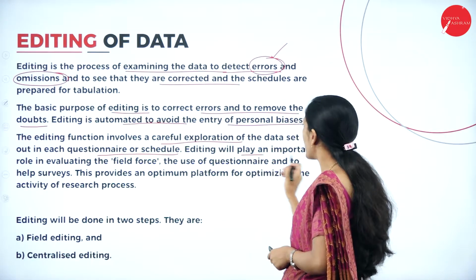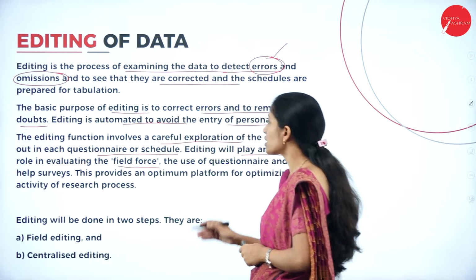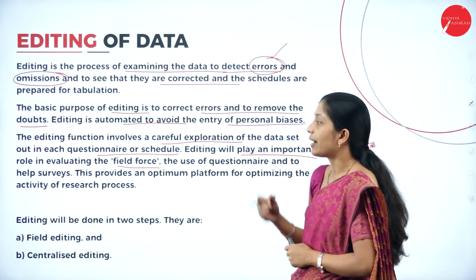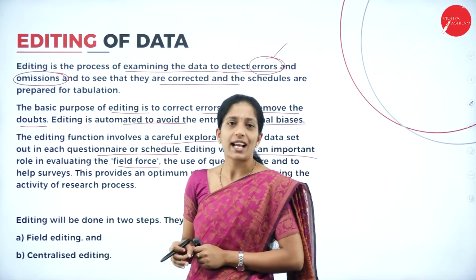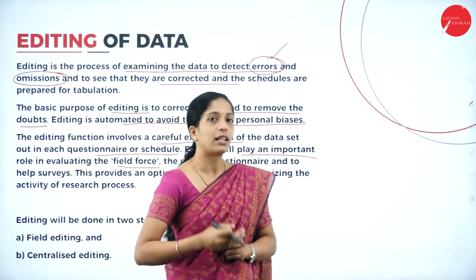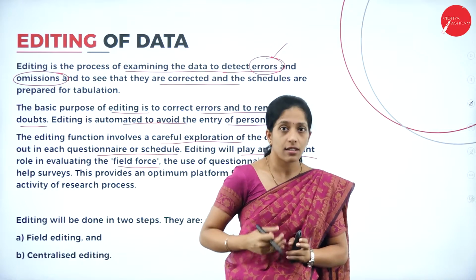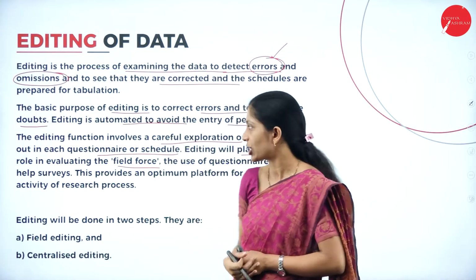So editing will play an important role in evaluating the field force, the use of the questionnaire and helping surveys. Suppose we don't get sufficient information through the questionnaire method, then we can go through another method, or we can redistribute the questionnaire and collect sufficient information.